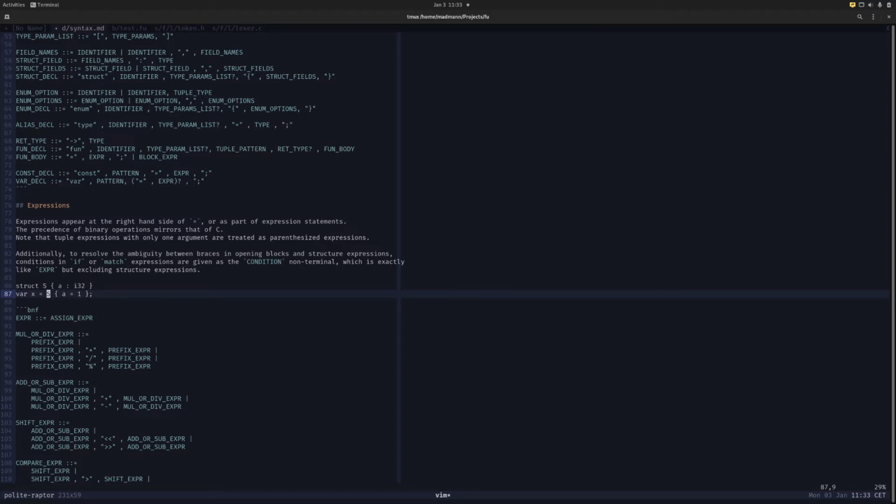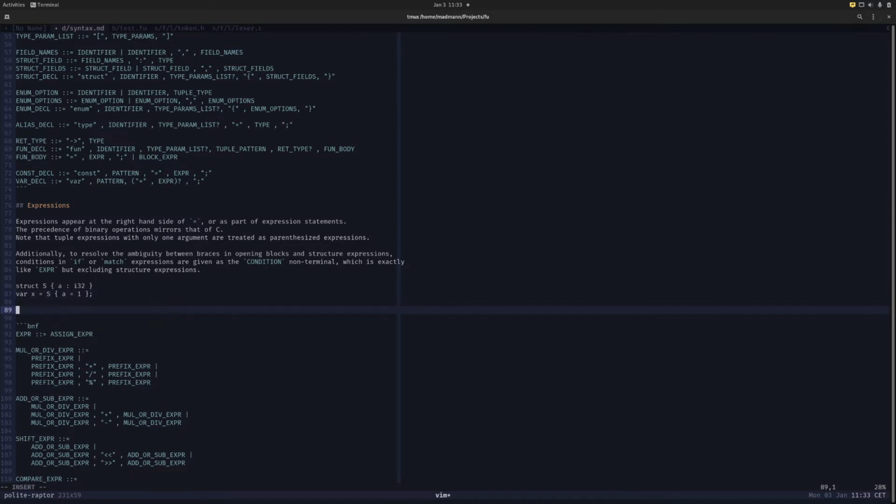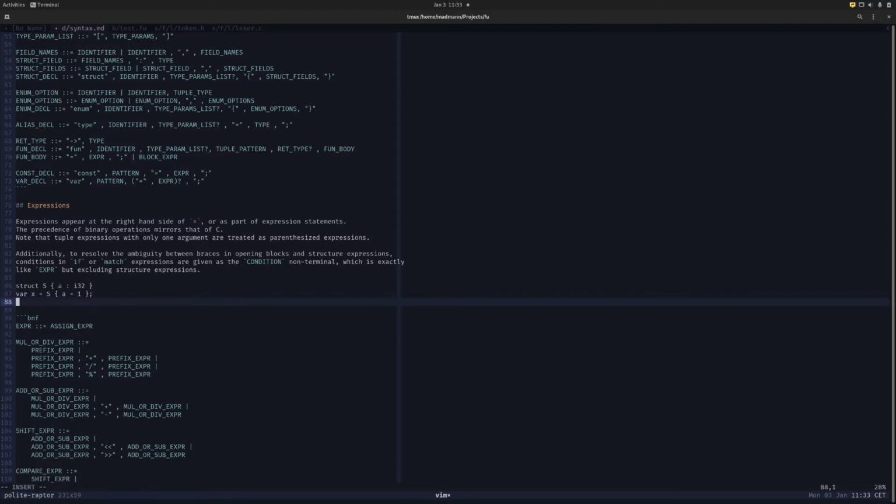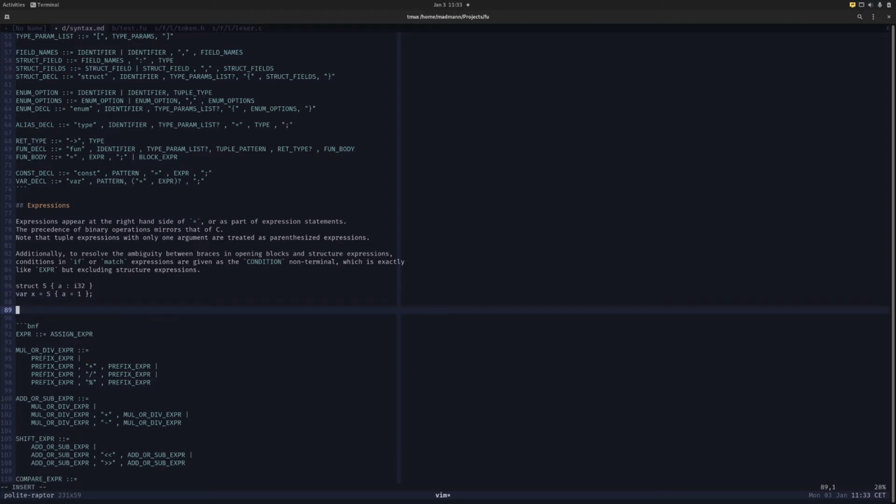So that's a valid declaration for a structure, and that's very similar to what Rust does in terms of structures. However, if you have something like this, what the hell? If S, and then you have a field name here, for instance, like equal to 2 or 1, doesn't matter.